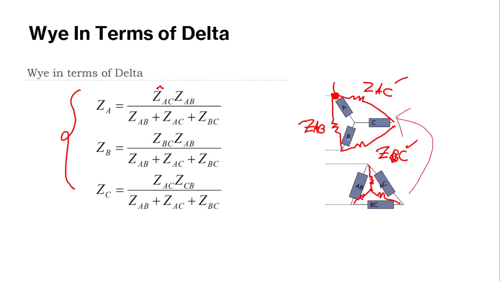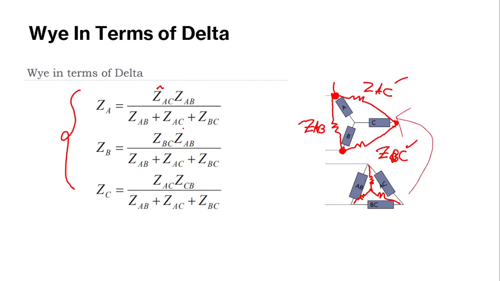If I wanted ZB, it would be ZBC multiplied by ZAB, because those are the two touching here, divided by all three. If I wanted ZC, it would be ZAC times ZBC, divided by all three of them. That's the easiest way I remember to do it.